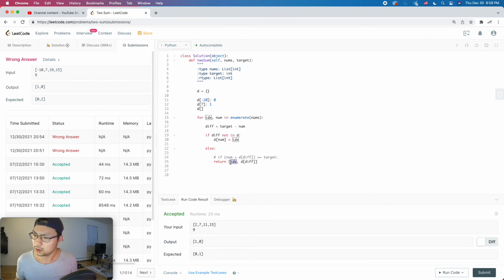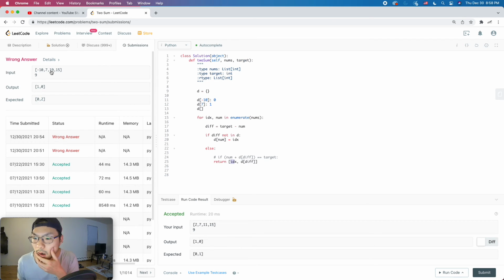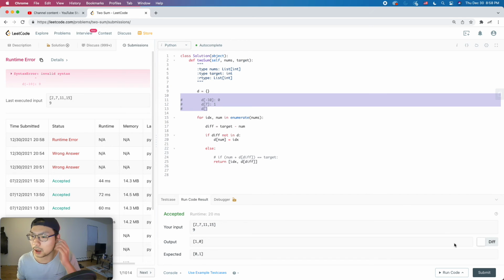So we're going to return 2, but for some reason it's giving me 1 and 0. So anyway, let's do this again. So 9 minus 19, negative 10. Negative 10 is there, so we're not going to store the key, except we're going to return 0, 1, 2, and 0. So I don't know why. I don't know why I'm missing that.